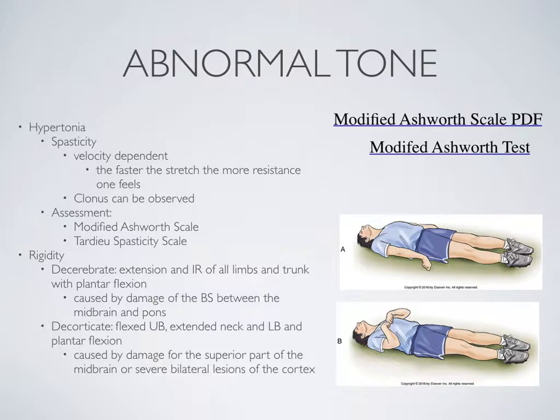And what you're trying to do is this clasp knife reflex. So this clasp knife reflex is when you're trying to grade how much that quick stretch is going, and then when does it break. And you grade it between a 1, 2, 3, okay, throughout that modified Ashworth scale that I'll have you guys look at on the right.